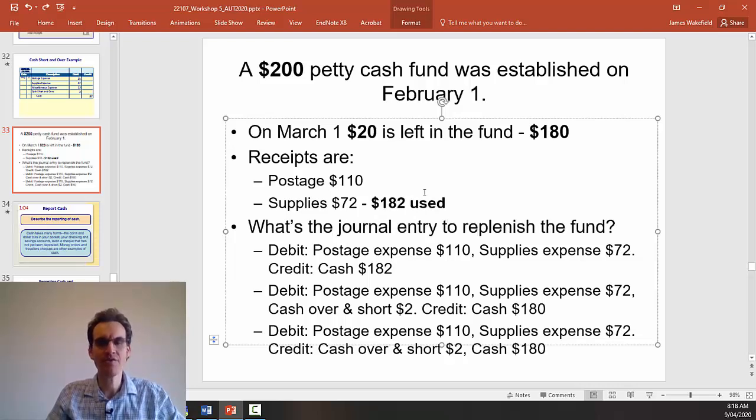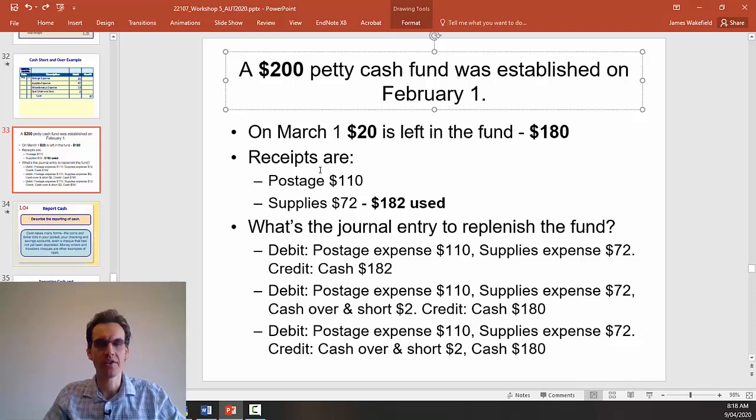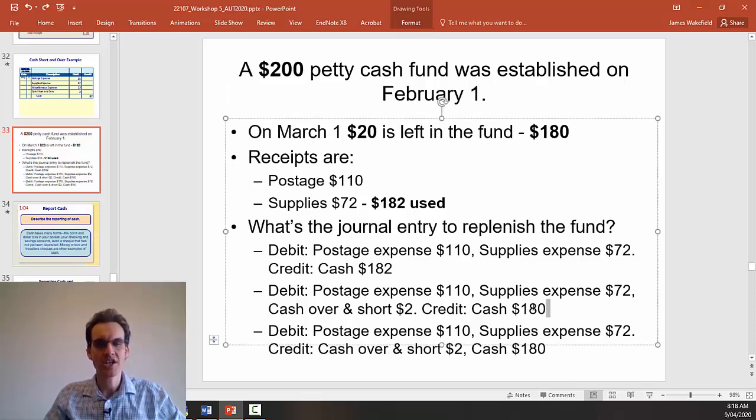So what happened? We effectively have $2 more than what we should, which means someone has brought back too much change and put it in the petty cash drawer. So how do we record the replenishment of the fund? Given that we only need to replenish it by $180, to take it from $20 to $200, we need to credit cash by $180.